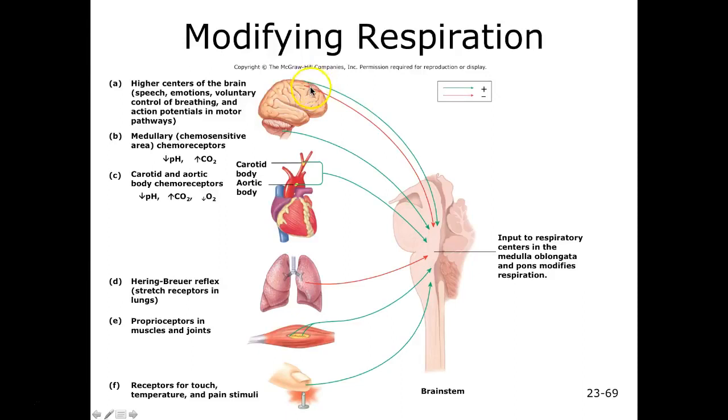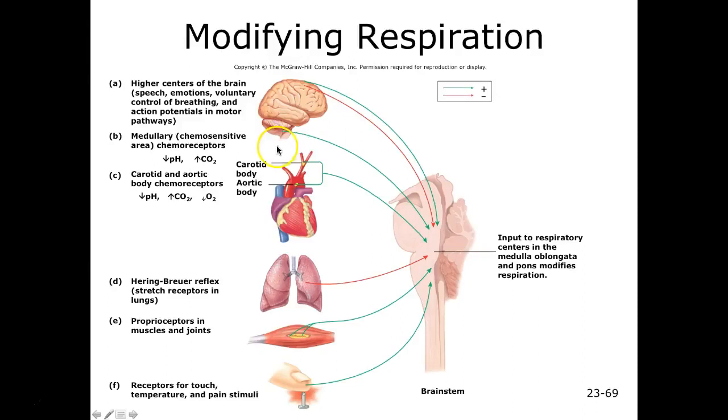These higher centers of our brain process speech, emotions, voluntary control of breathing, and action potentials in motor pathways, which the latter deals with our cerebellum here, and they can either increase or decrease our ventilation.